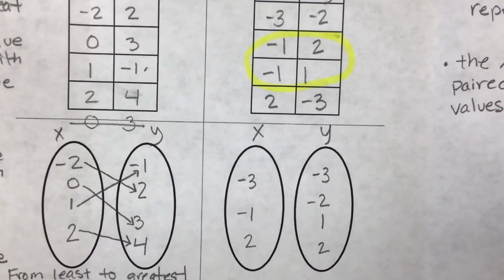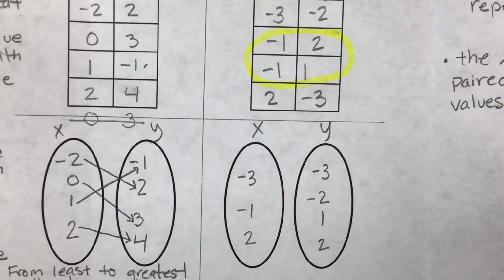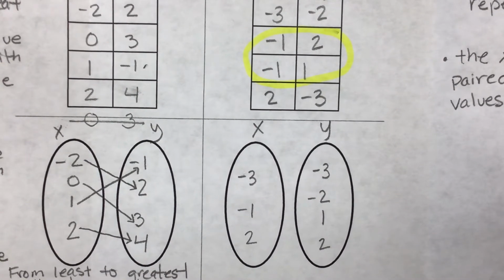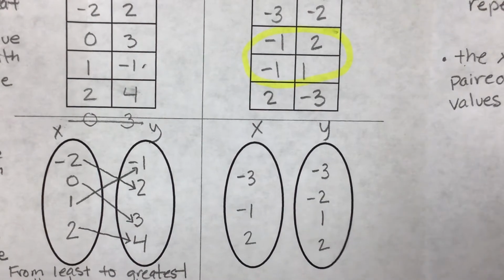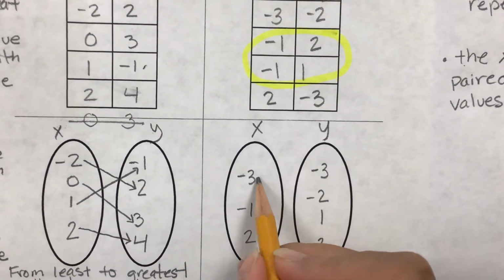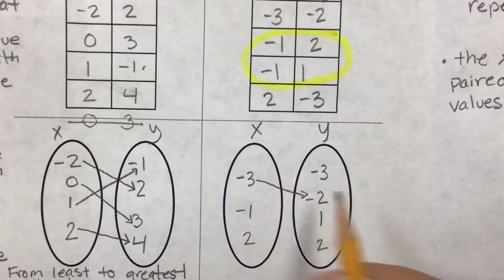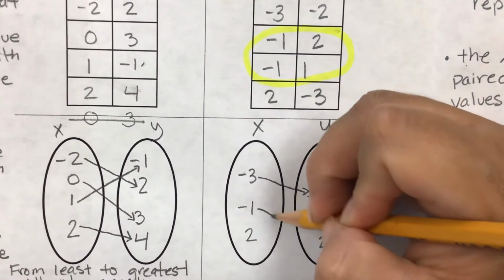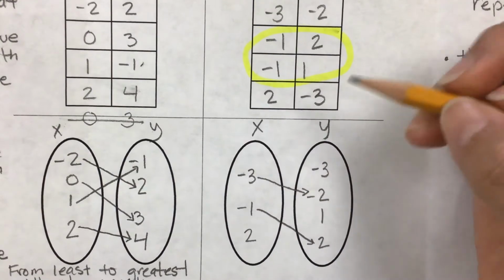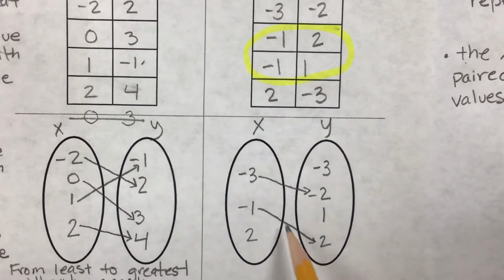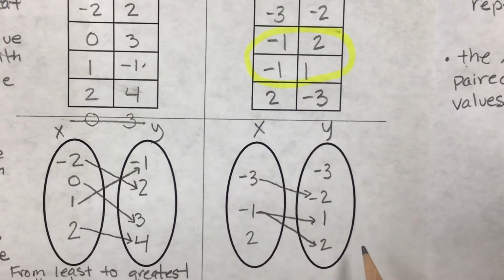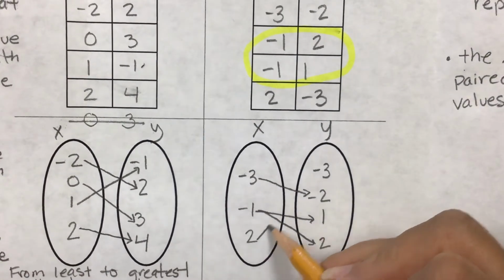So they look a little bit different than from the table, but then we make the connection, the arrow between which ones go together. So 2 went with -2, 1 went with 2, 1 also went with a +1, and 2 went with -3.